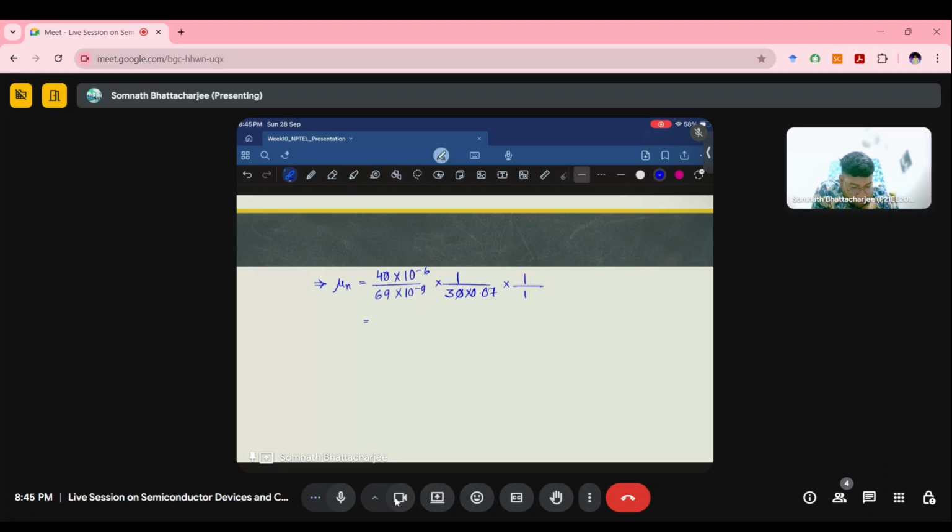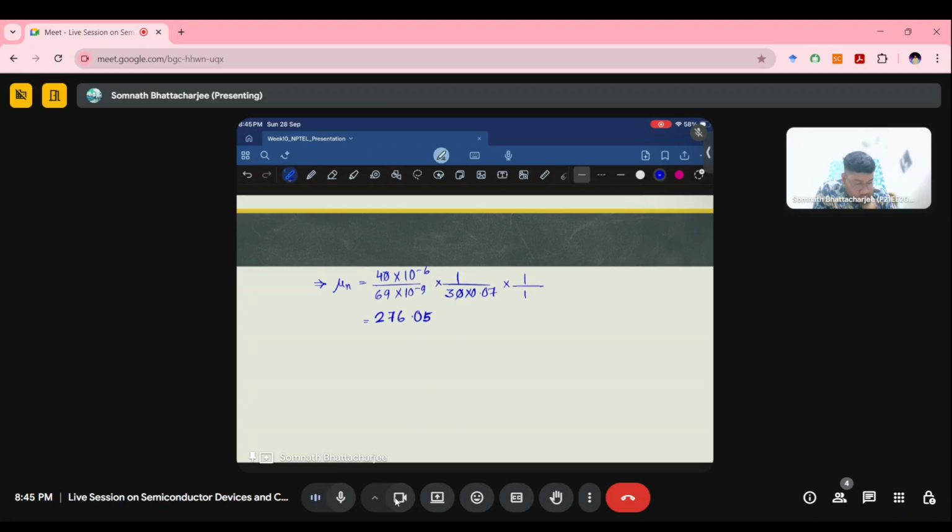40 divided by 30 divided by 0.07 divided by 69 divided by 10 to the power of minus 9 multiplied by 10 to the power of minus 6. So this is nearly 276.05.